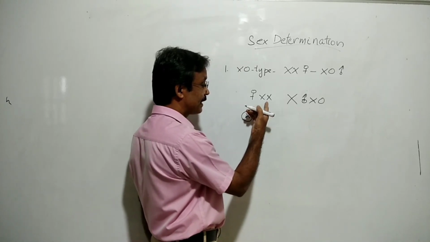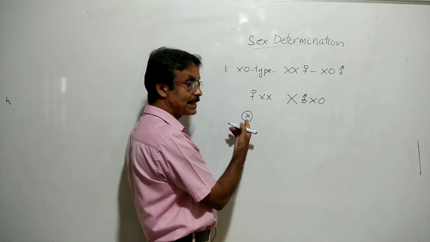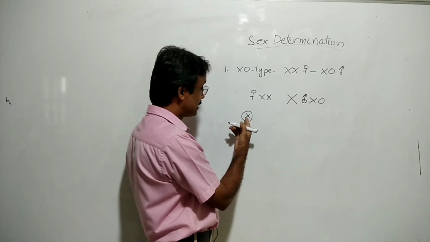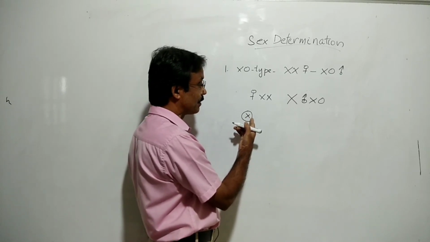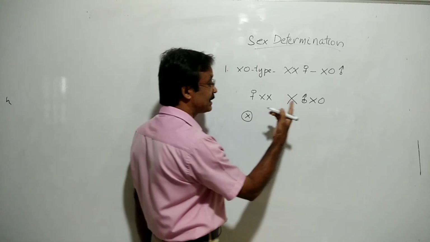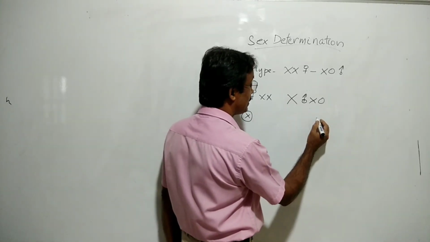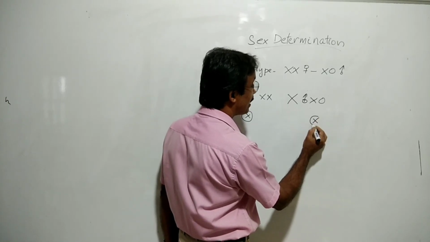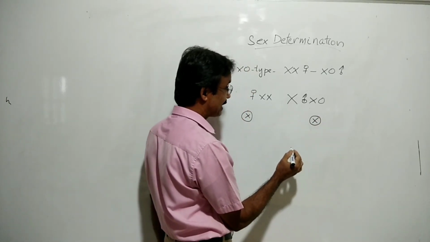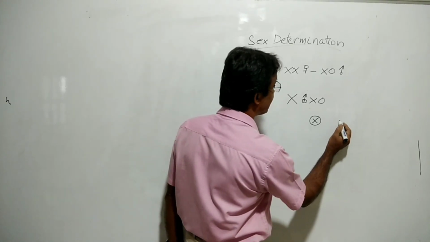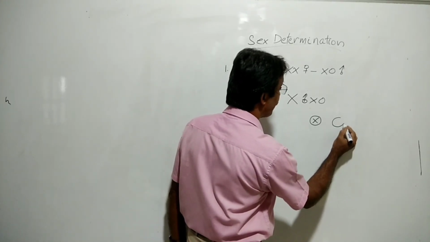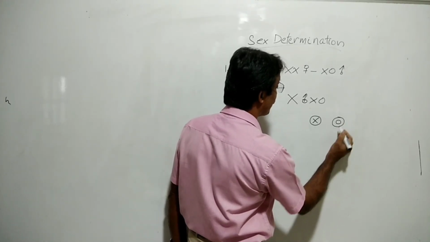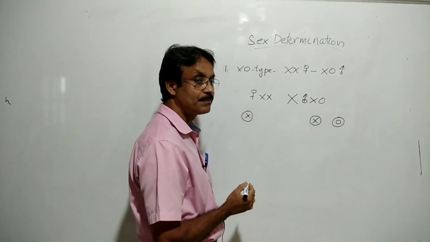Thus, in the female, only one type of egg or ovum is produced, but in the male, 50% of the sperms are with the X chromosome and the other 50% are without the X chromosome, or with 0.